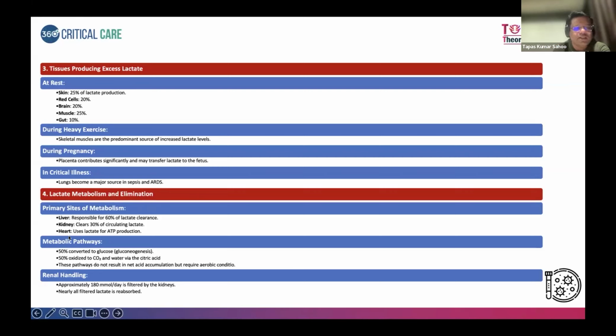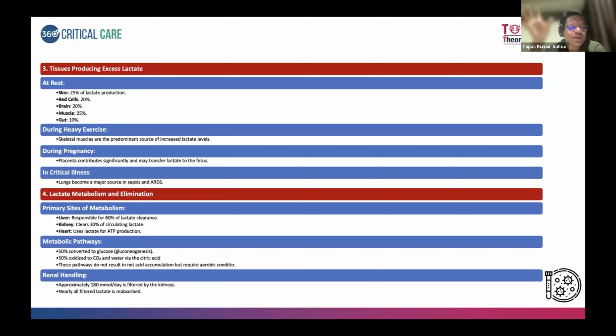Liver 60%, kidney 30%, and heart maybe around 10%. The metabolic pathway I have already explained. Gluconeogenesis: 50% is converted to glucose, 50% oxidized to carbon dioxide and water via the citric acid cycle. These pathways do not result in net acid accumulation but require aerobic conditions.